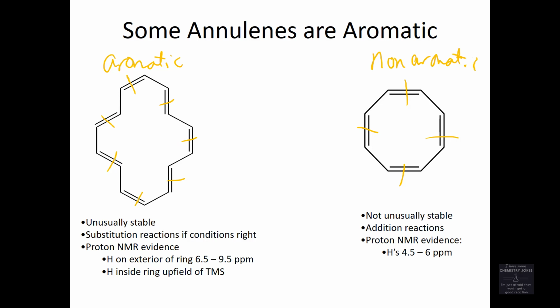What does that mean? Unusually stable. What it also means is aromatic things usually do substitution rather than addition, and only when forced. Non-aromatic things do simple addition reactions, just like a normal alkene would. In a proton NMR, you actually see the protons in different places when it's an aromatic ring versus when it's a normal alkene.